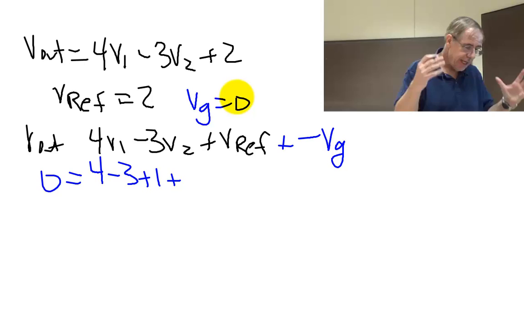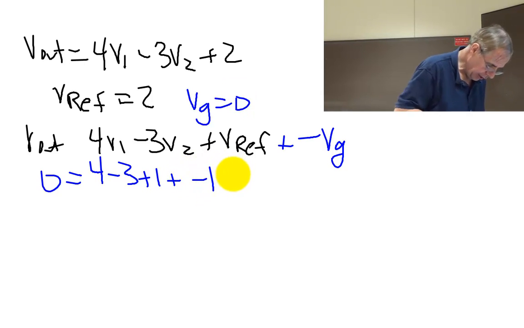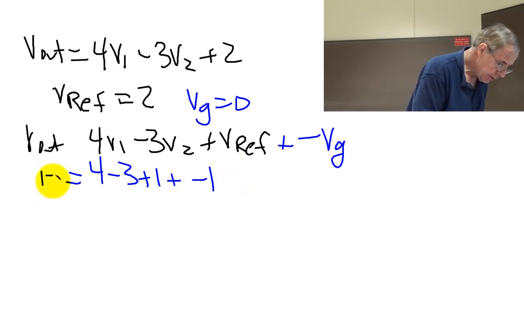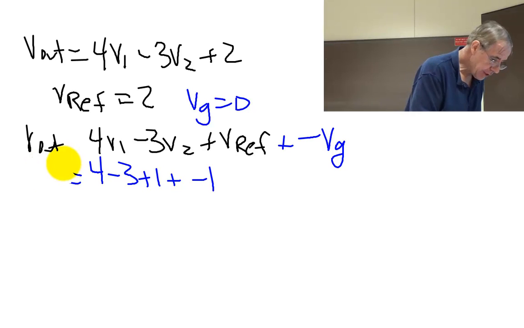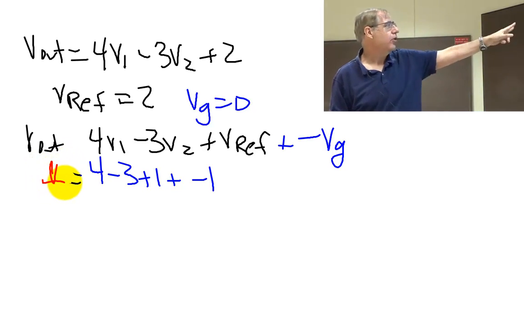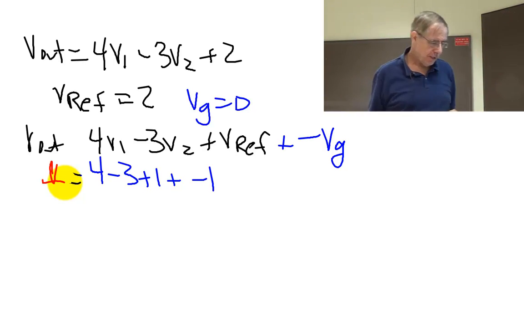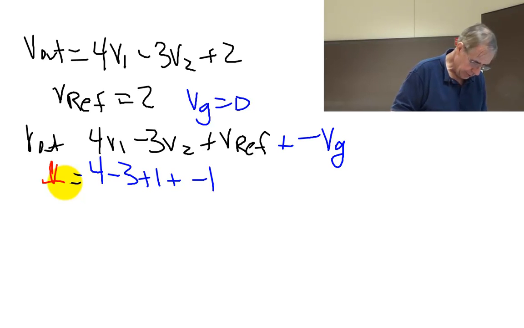Sorry, not 0, it's got to equal 1. The next step is to find a common multiple of all of those, like 12. All right, so now we're ready to build a circuit.